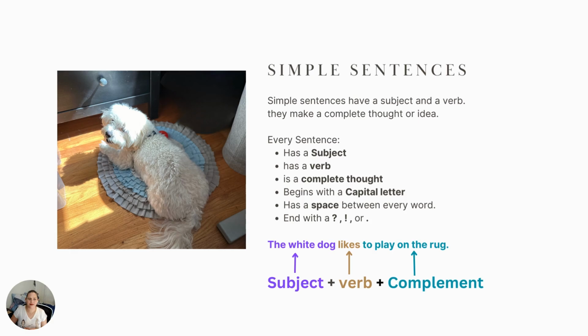It's not an action, it's just the verb to like. And then to play on the rug will be the complement, or what completes the whole idea. In this case, to play on the rug is actually a prepositional phrase, but you'll learn that later. So that's just a simple sentence.